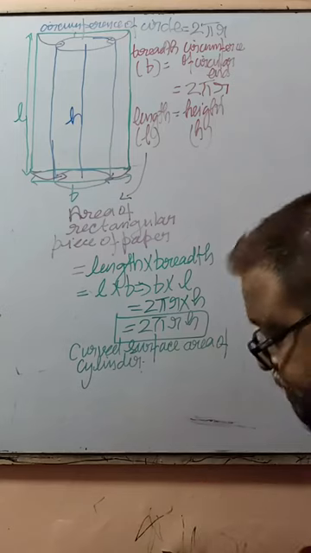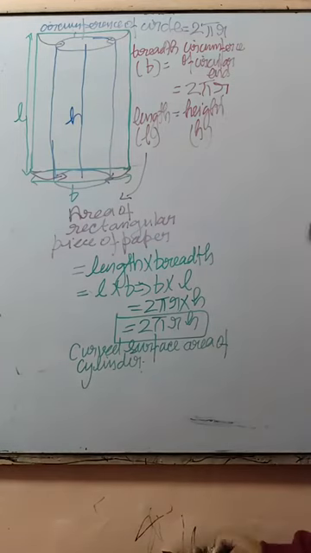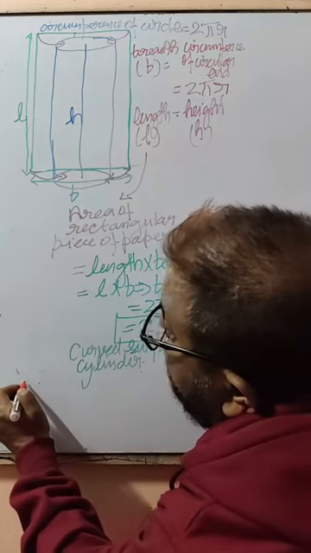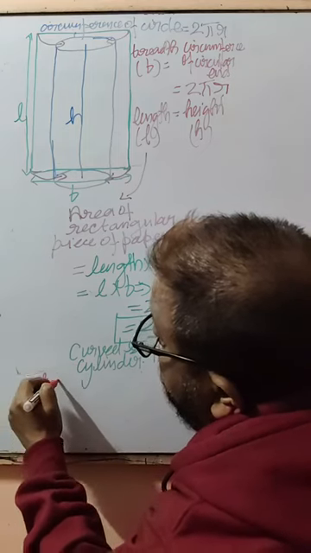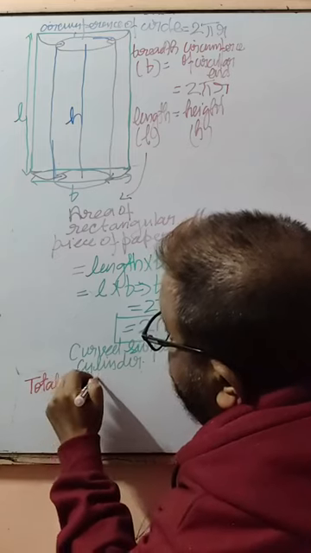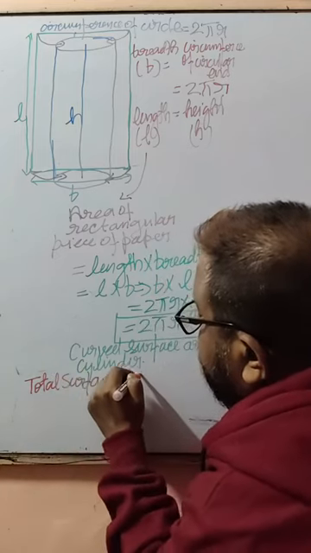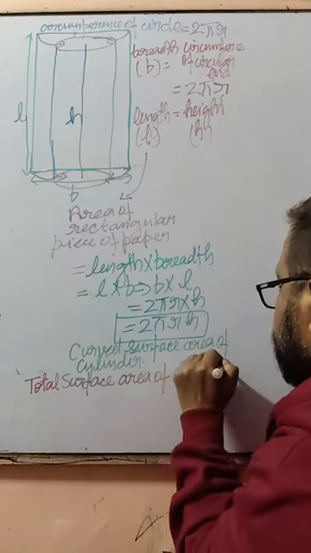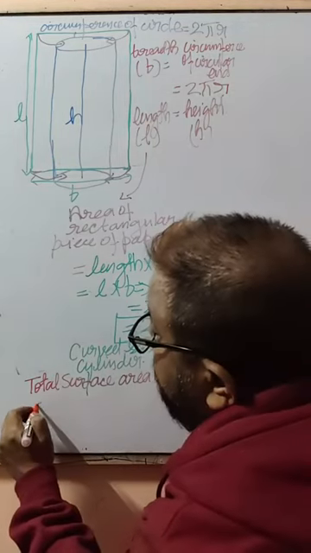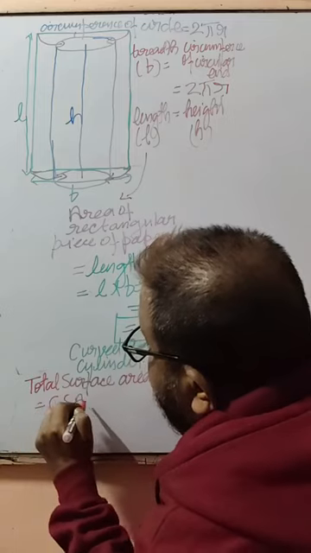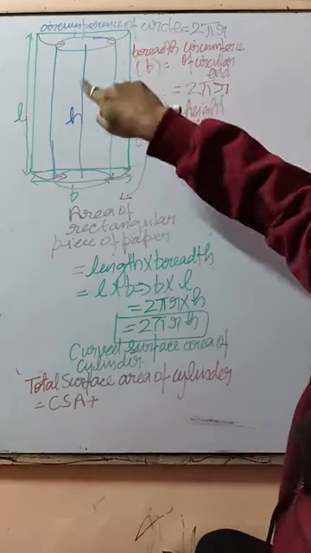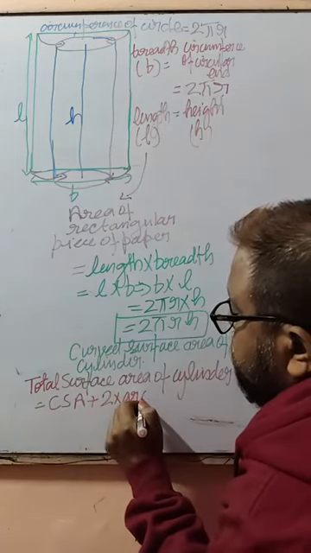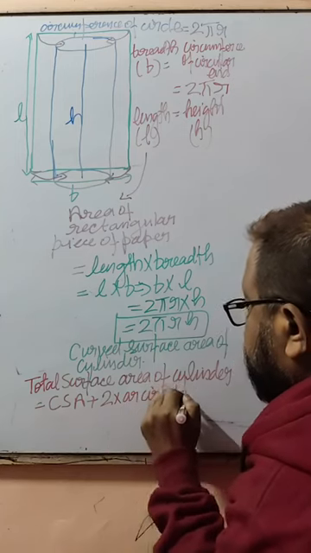Now if we talk about the total surface area of cylinder, total surface area of cylinder is equal to CSA plus, there are two circular ends, plus 2 into the area of circular ends.